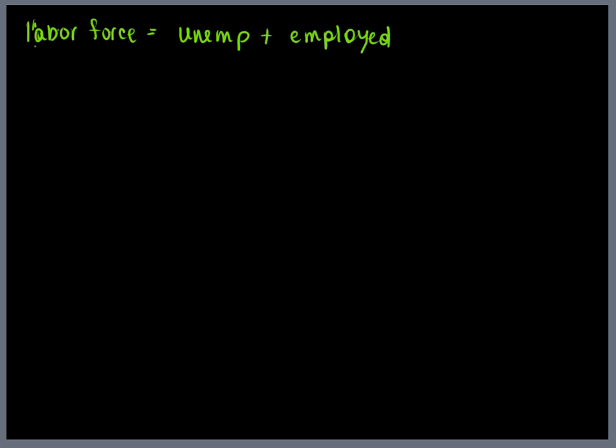Part A asks you to calculate the number of workers employed in each of the regions in April 2013 and 2014. The first thing is I'm going to start with the Northeast. In order to figure out the number of employed in April 2013, I'm going to need to do a little bit of calculation, because what I have is the labor force in 2013 and the number of unemployed in 2013.